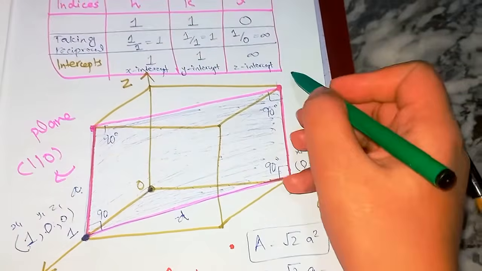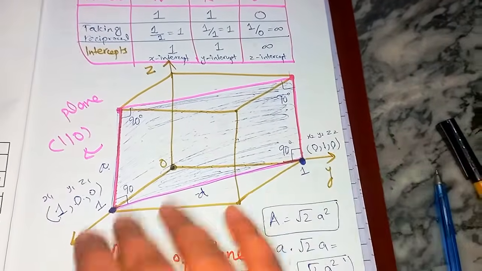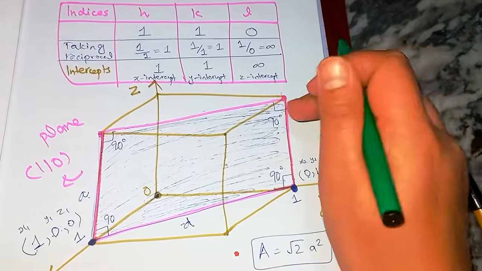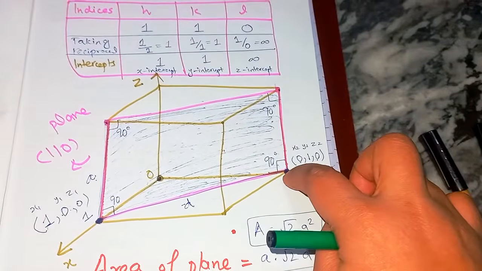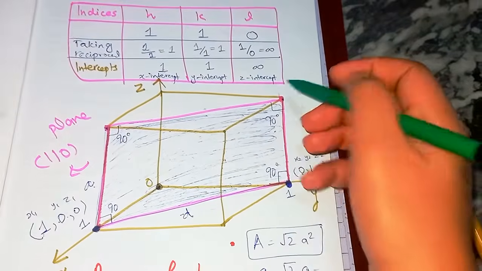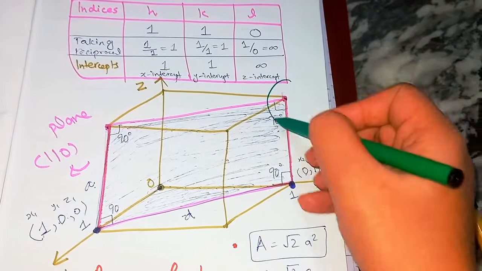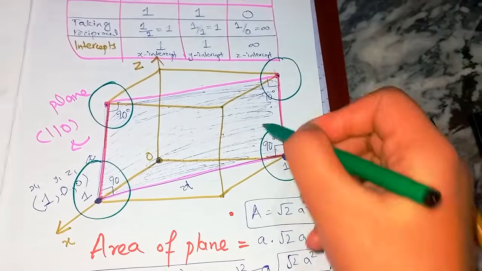And for that purpose, we need to see which atoms have their centers lying on the plane. So we can obviously see that the corner atoms have their center at the corner as well. So obviously the corners are part of this plane, so they are hence contributing to the plane.